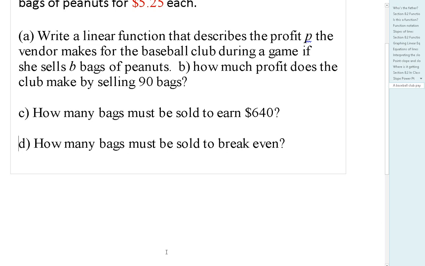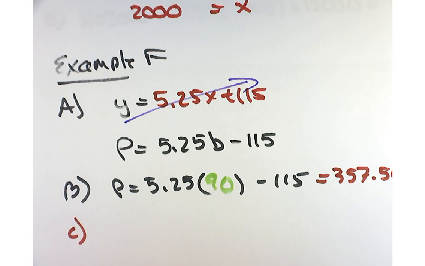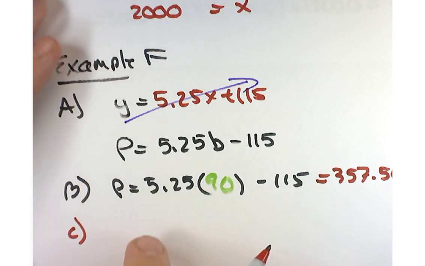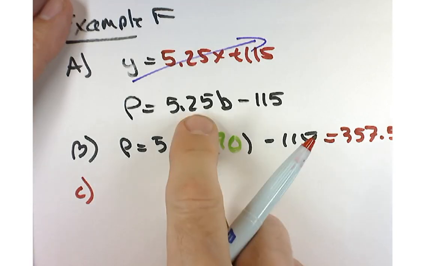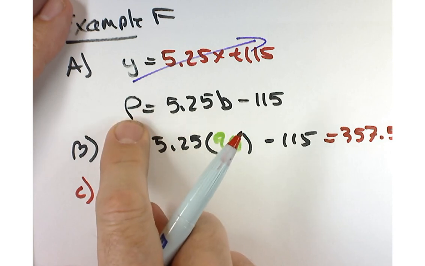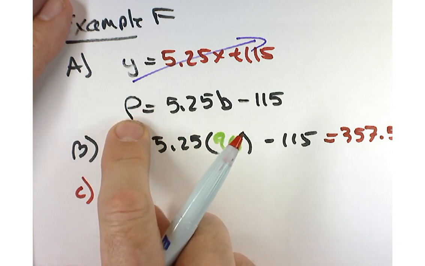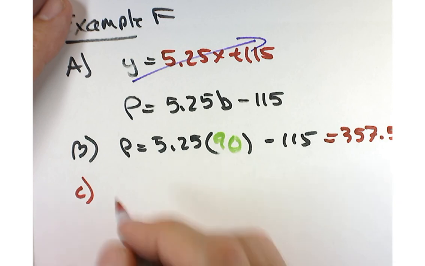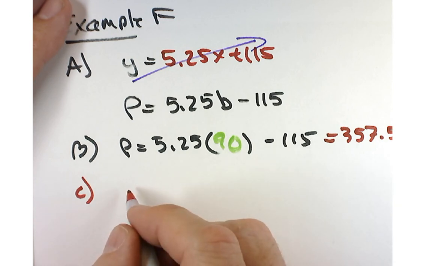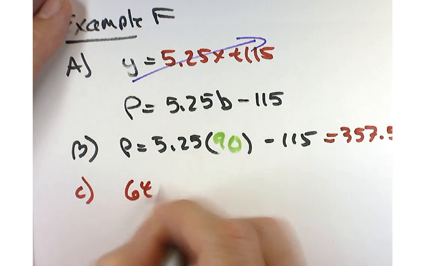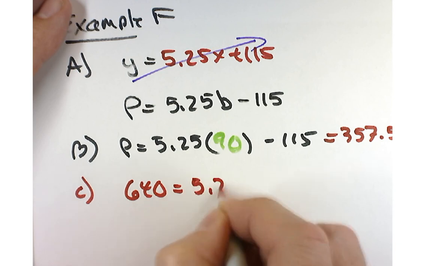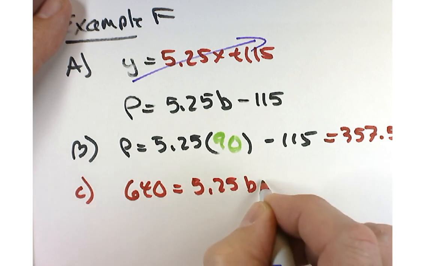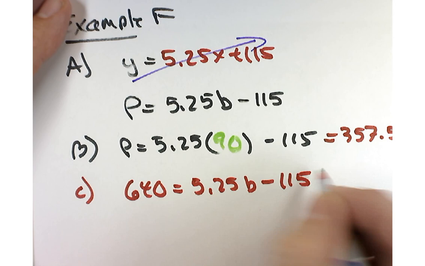You say 640 is equal to 5.25 times B minus 115. Perfect. Basically, you're going to put in 640 for your profit right here, and then see what we can solve. I hope this works out. 640 equals 5.25 times B minus 115.